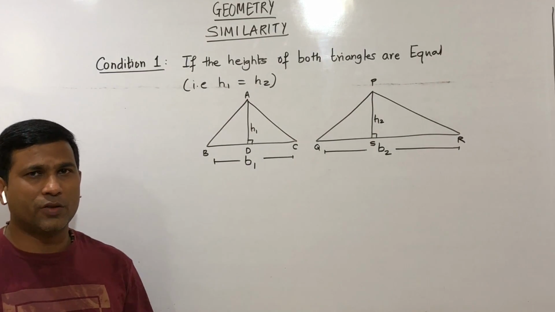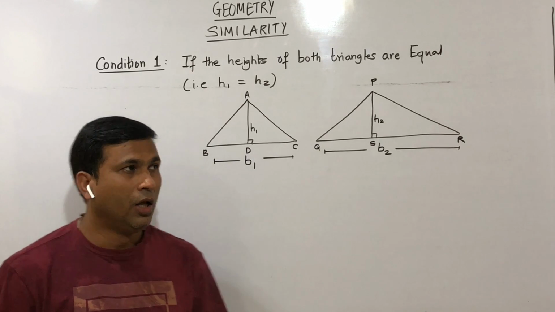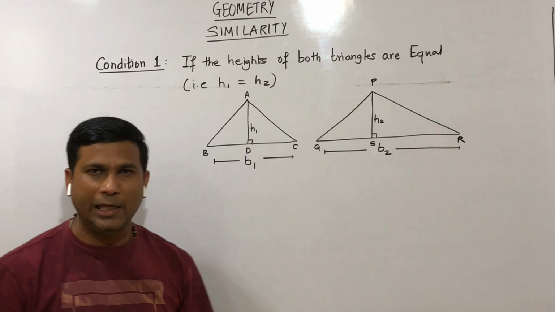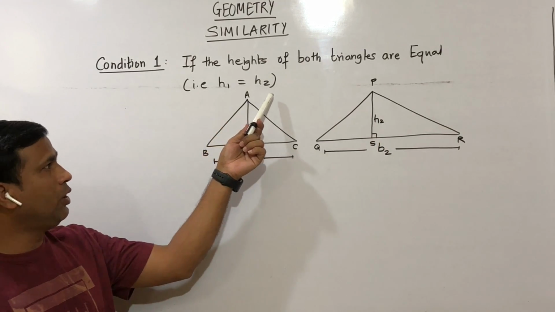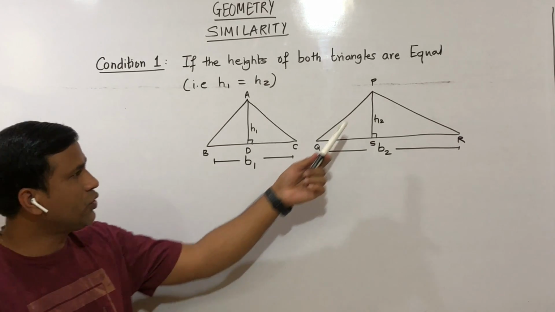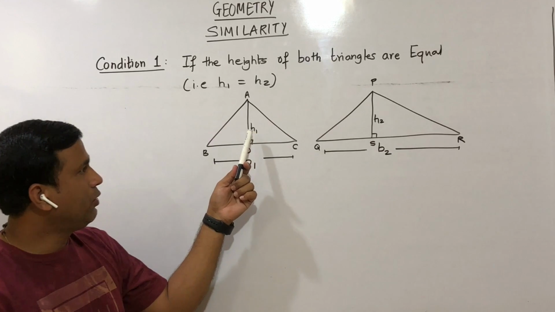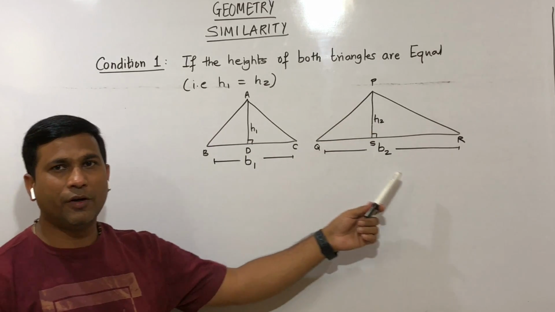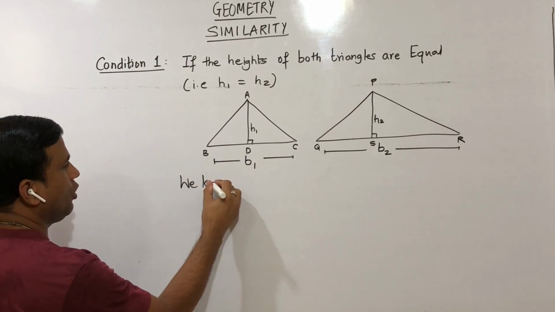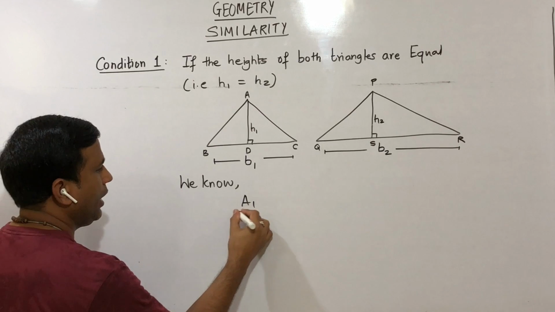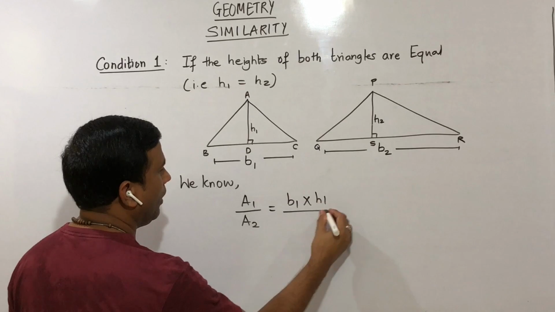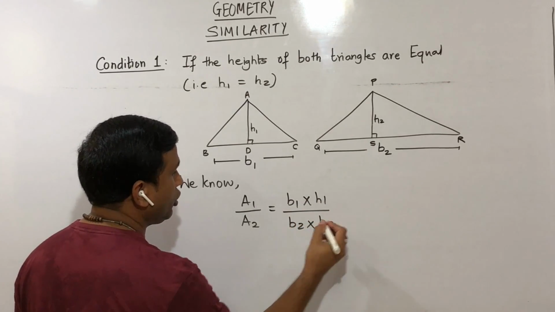Let us see the conditions for the ratio of areas of two triangles. First condition: if the heights of both the triangles are equal, that is H1 is equal to H2. You can see in the figure, triangle ABC and triangle PQR have equal height but different bases. As we know, A1 upon A2 is equal to B1 into H1 upon B2 into H2.